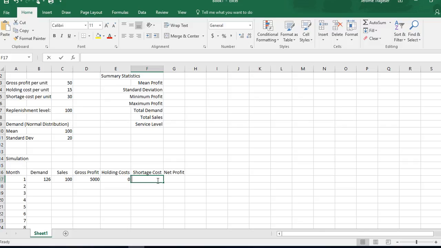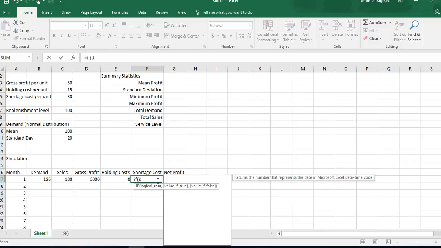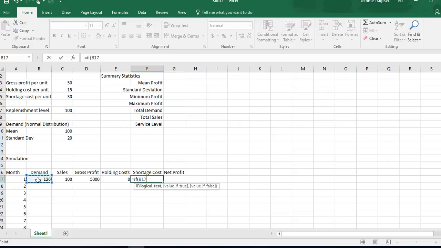So again, we'll have an if statement. So equals if. Now the demand is greater than our sales. So if demand's greater than sales, or excuse me, greater than replenishment level, and that's absolute, then we run out.